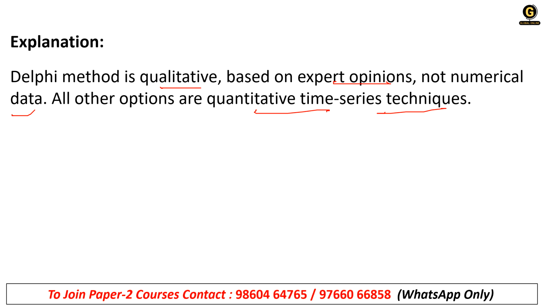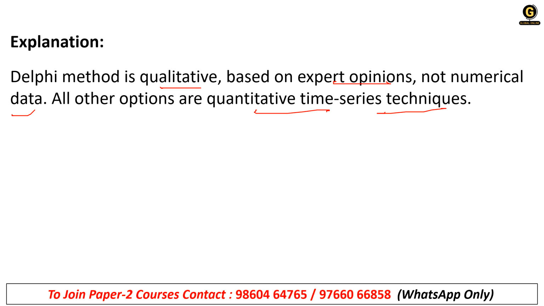The Delphi method is qualitative, based on expert opinions. What people are giving as opinions, the behavior of consumers, everything will be totally qualitative, theoretical, not numerical. There are no numbers; it needs a survey. All other options apart from the Delphi method require surveys which will give you numerical data.